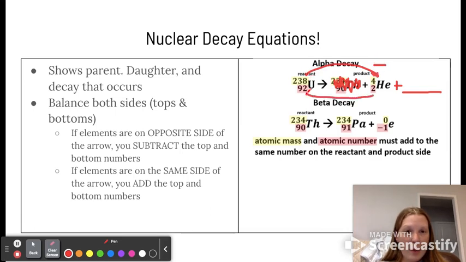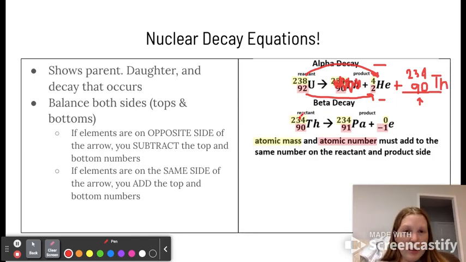You will take these bottom numbers and subtract them. So 238 minus 4 is 234. And then 92 minus 2 is 90. And remember, you use this number, the atomic number, to tell you what the new element is. And you would just write it like that.